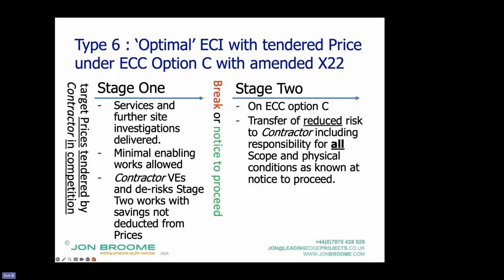But they're taking responsibility for all the scope, and for the physical conditions as per the break point, not going back to when they tendered. So there's much reduced scope for compensation events in stage 2. More risk is transferred compared with classic ECI.